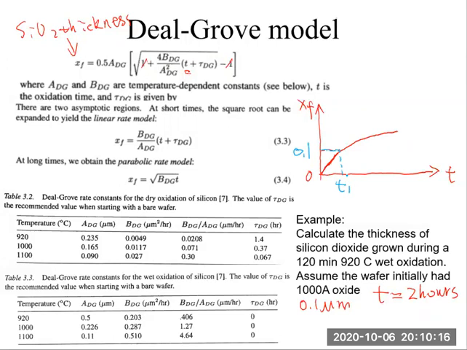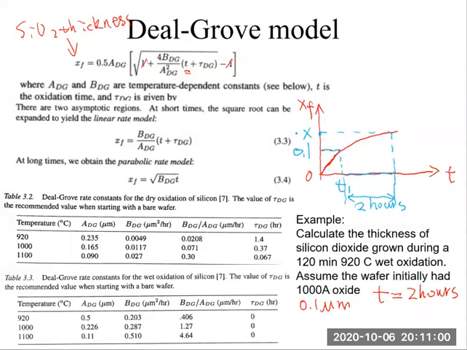We can imagine we use a time T1 to obtain this 0.1 micron oxide. After this T1, we oxidize the silicon wafer for another 2 hours. So this is the eventual thickness we are going to calculate.